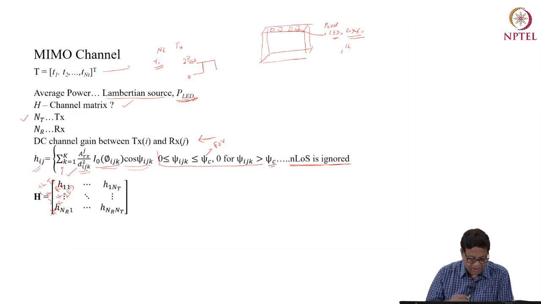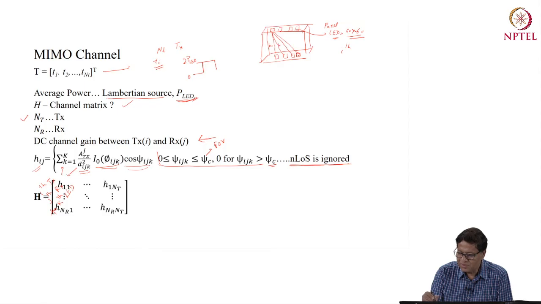So the channel matrix H for such a system can be written as H11. These are all components here. So this is, for example, receiver here. So this is going here, this is going here, this is going here, this is going here. So this is H11, for example.